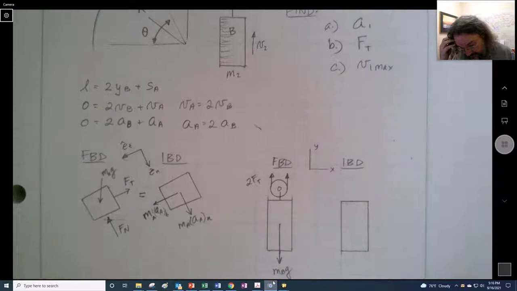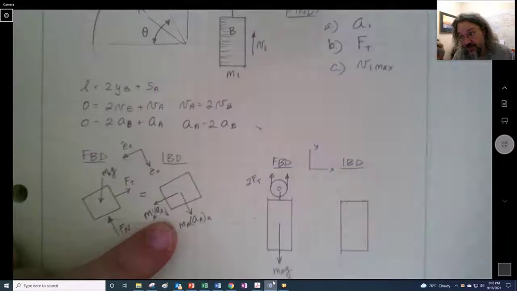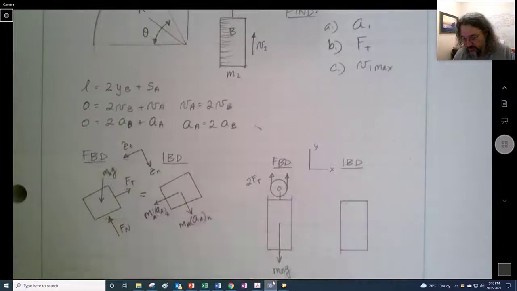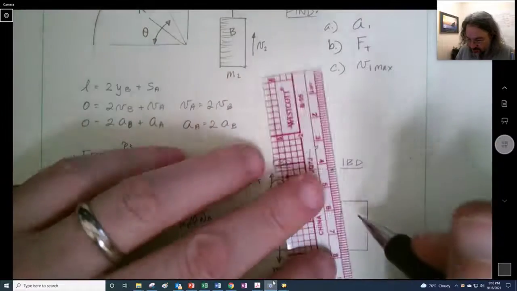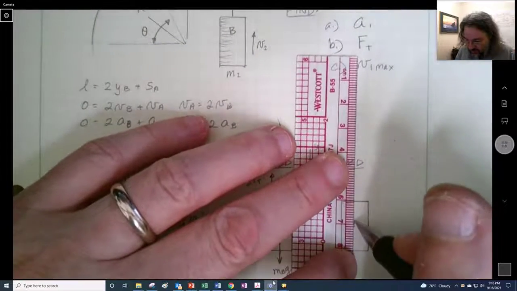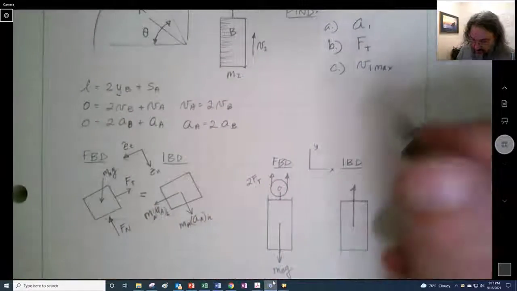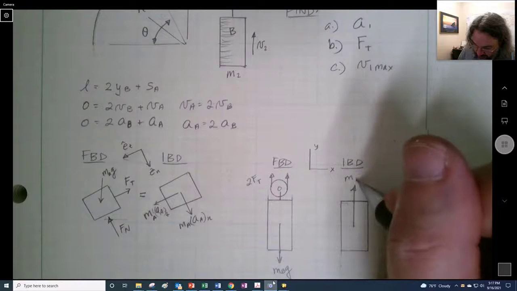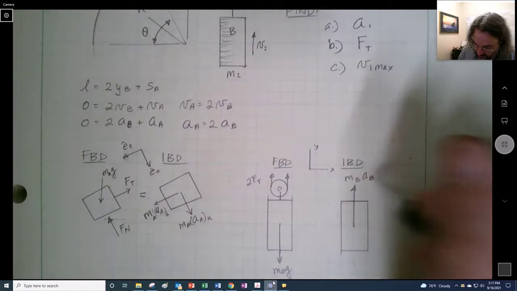So I want these to match, and then if I get a negative answer for that acceleration and that acceleration, right? So this is coming down, so this goes down. I call this, what I do here, is guess with agreement, right? So we're going to go the mass of B and the acceleration of B.